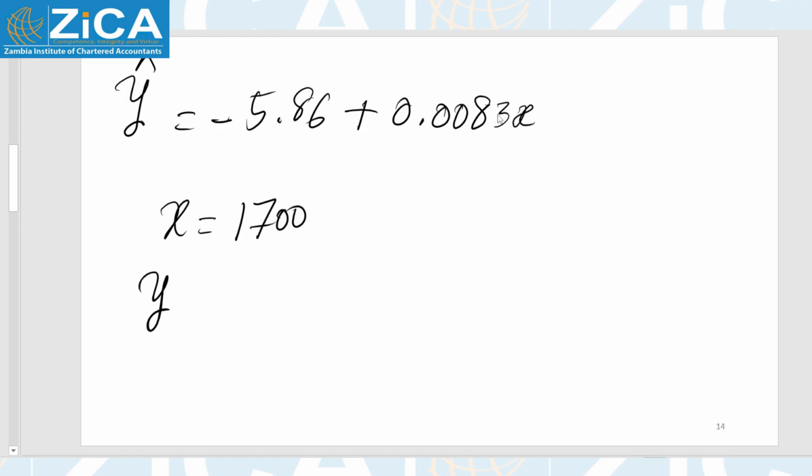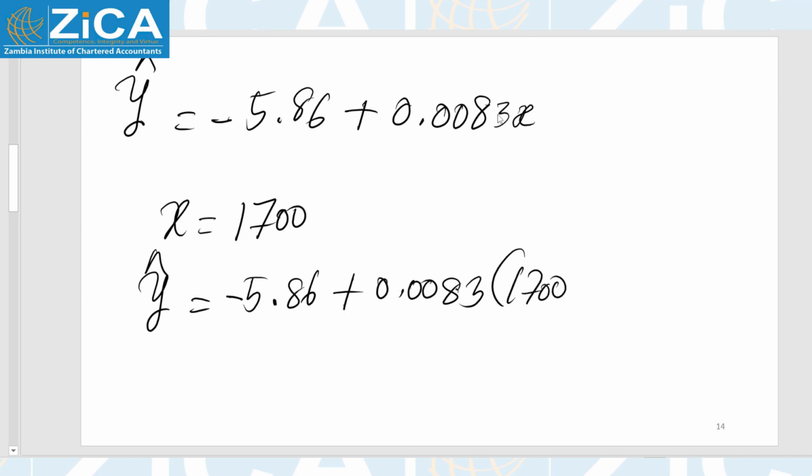So your y hat will be equal to minus 5.86 plus 0.0083, and you have got 1,700 comes there. And if you multiply 1,700 times 0.0083, that will give us 14.11.